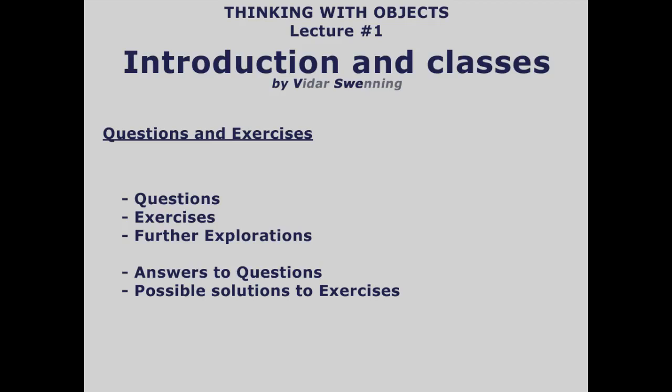And then we have the further explorations. Those do not have any answers. They are just there if you want to continue and explore a bit further. And in this case, in this lecture, the further exploration is to combine the Die class from this lecture, the Person class from exercise 1, the Occupation class from exercise 2, and put that together with a Meeting class.